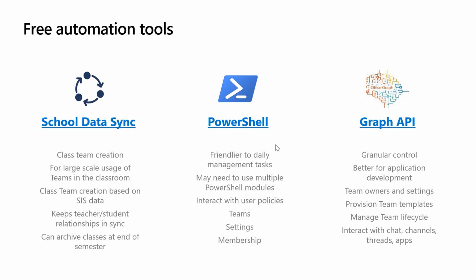We're going to focus on the classroom creation because that shows really neatly what we can do from a classroom support perspective. And we're going to focus here on the Graph API in the demo. In the slides, we're going to focus on School Data Sync because those two systems are really something that can be used for mass automation. So let's start with School Data Sync.